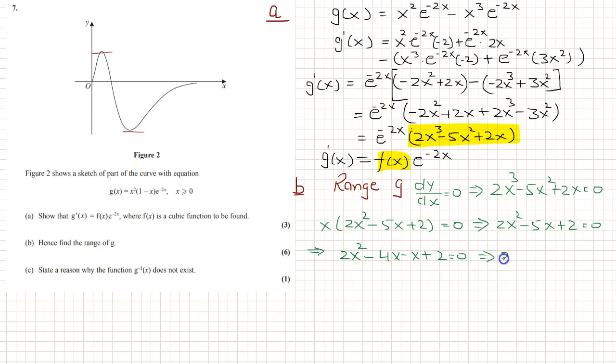This means 2x common, x minus 2, minus 1 common, x minus 2 is equal to 0. So that is (2x minus 1)(x minus 2).